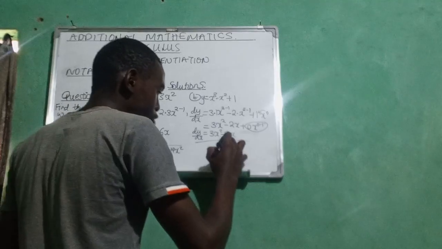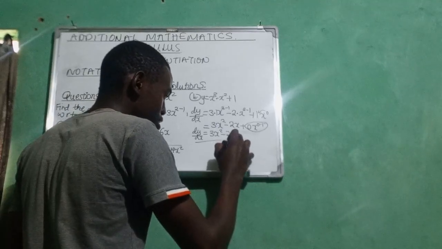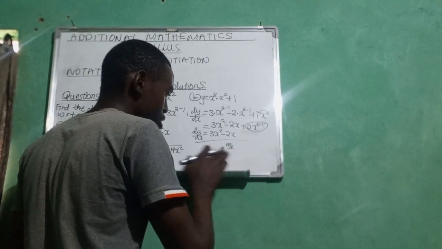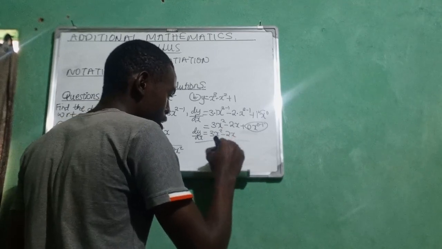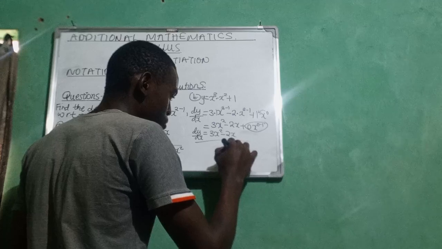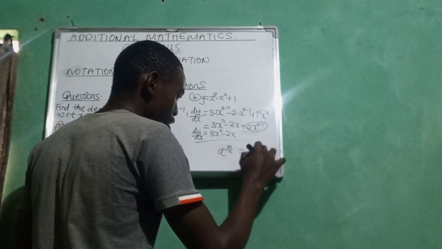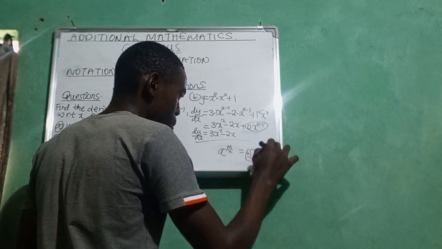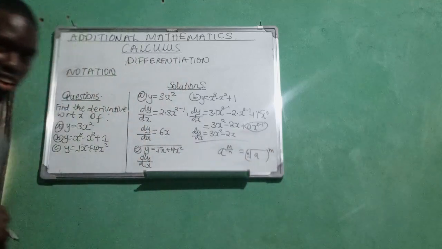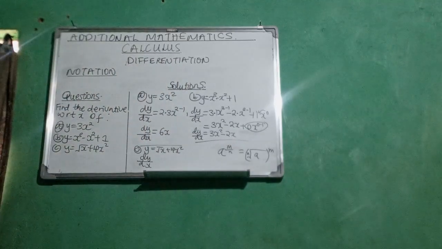We need to know our algebra. There is this power rule: a to the power m over n is equal to the nth root of a, raised to the power m.